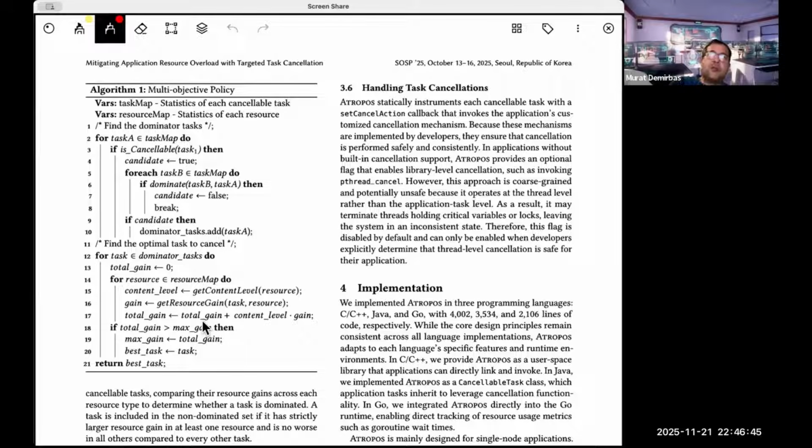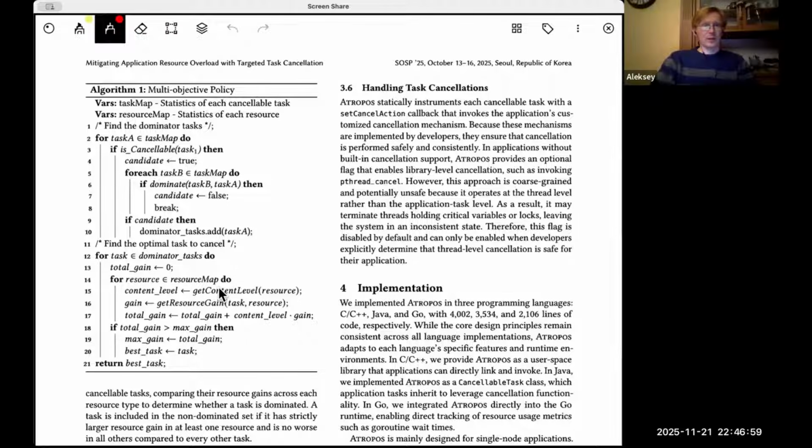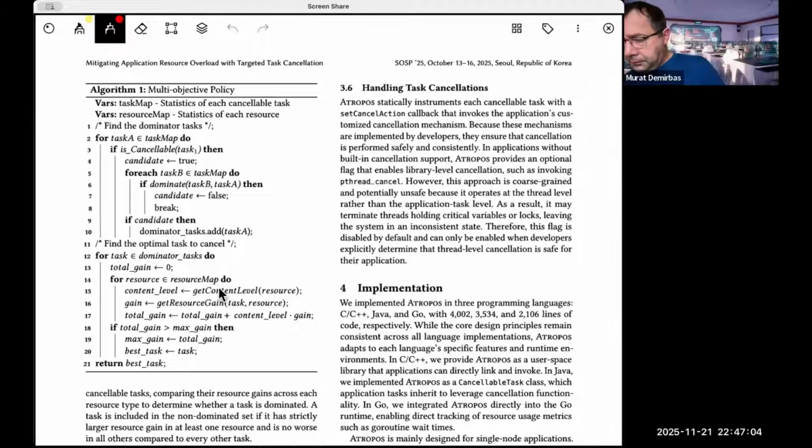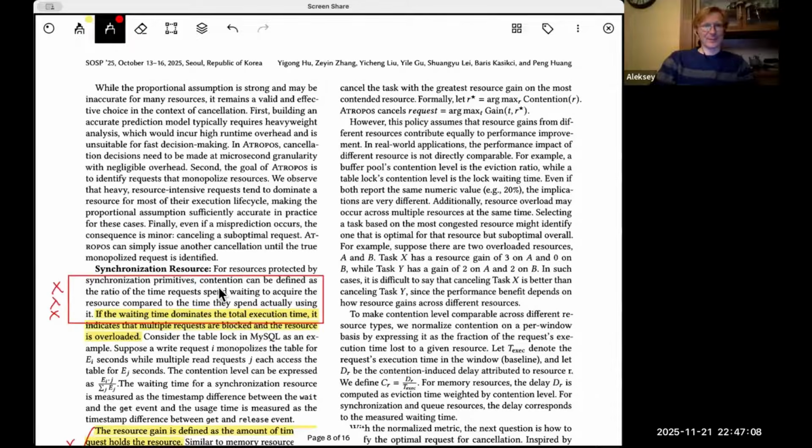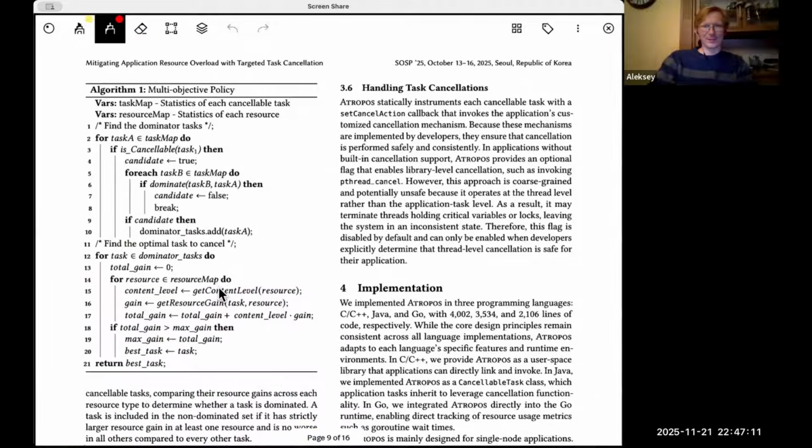Maybe this is across the three categories or something, and then you look at among them. Let's see if it is by three categories. I searched for dominator and it appears three times in the paper, all of that in the algorithm.